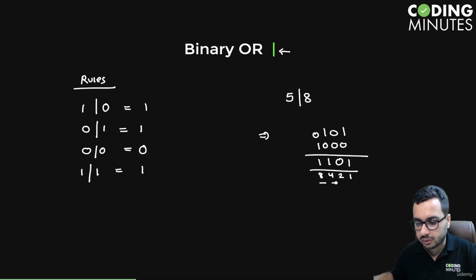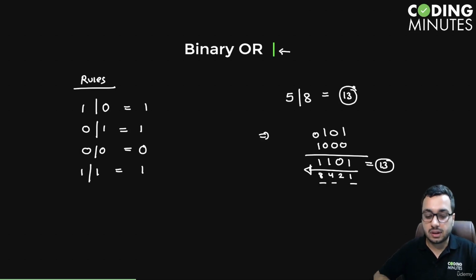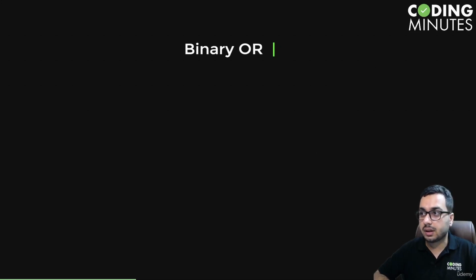These are actually powers of 2: 2 raised to the power 0, 2 raised to the power 1, 2 raised to the power 2, and 2 raised to the power 3. So 8 plus 4 plus 1 is 13. If you do this in your code, you will get an output of 13 in this particular case. I hope binary OR is also clear.